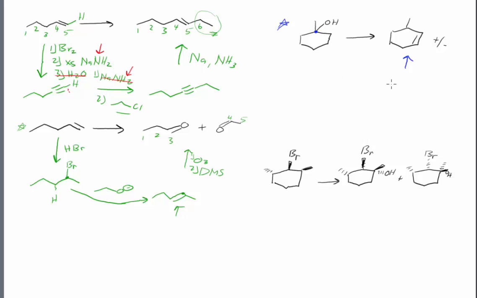In this case I think we're going to want our elimination to occur from a leaving group right here, because that is closer to what we started with, right? This leaving group here is now getting us closer to the functional group that we had in the original structure.